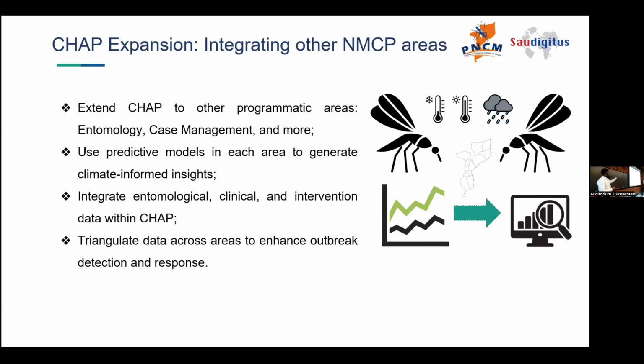They also intend to extend the CHAP to other areas in the malaria programs, like entomology and case management. They also want to use maybe some predictive models in each of these areas to generate some climate-informed insight, and then maybe improve or control malaria in those areas that are at higher risk.